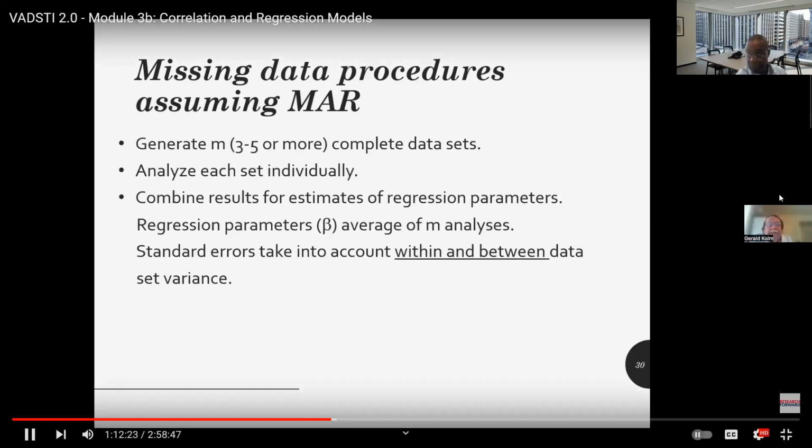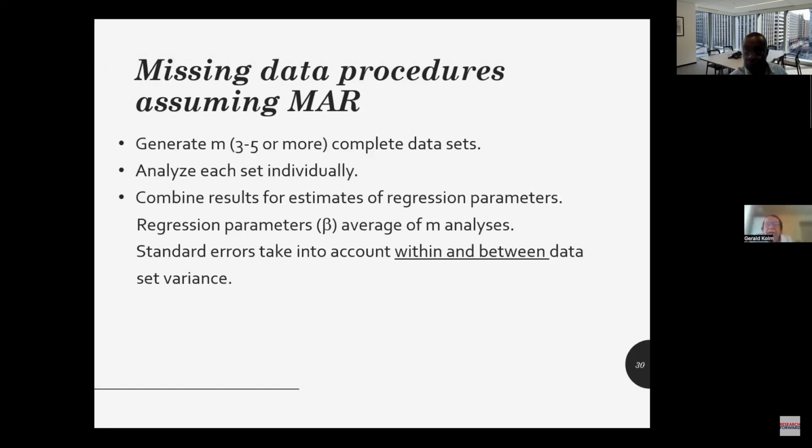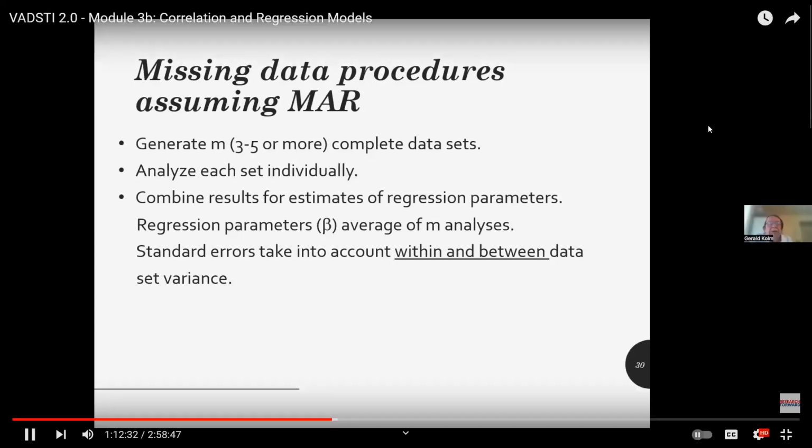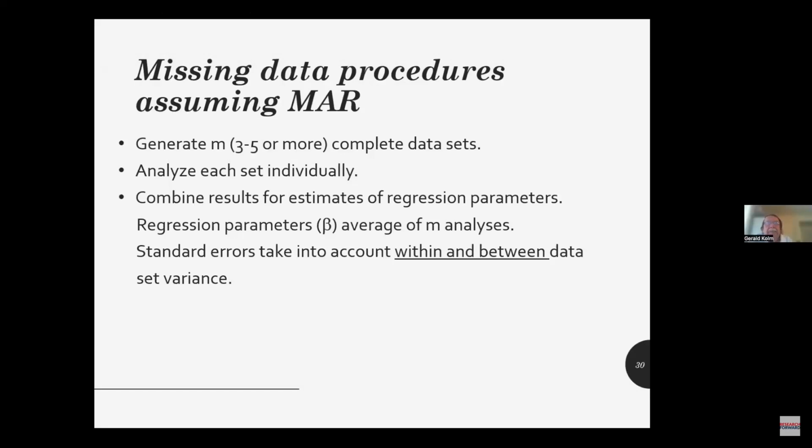However, when we compute standard errors, we have to take into account both the variability within each data set and the variability between data sets. That's a little more complicated, but because we're imputing missing data, that is, estimating what the missing data might be, we have to account for both within and between variance.